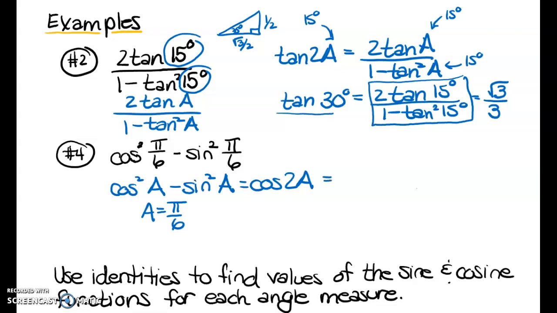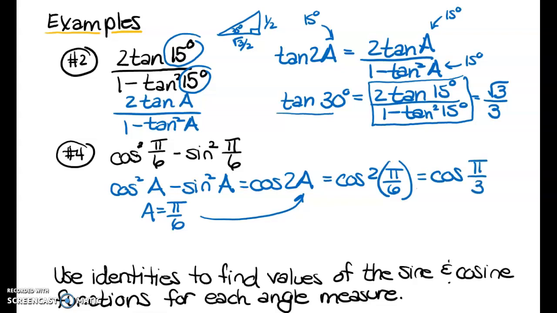So when I plug that into a here, the cosine of 2 times pi over 6 equals the cosine of pi over 3. And what's the cosine of pi over 3? It's just 1/2. So even though we could have done it the long way, figuring out the sine and cosine of pi over 6 and squaring them, I wanted to compare our double angle identities to one of those formulas. All right, let's box that one in.